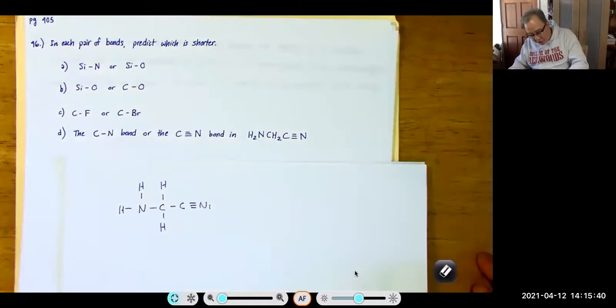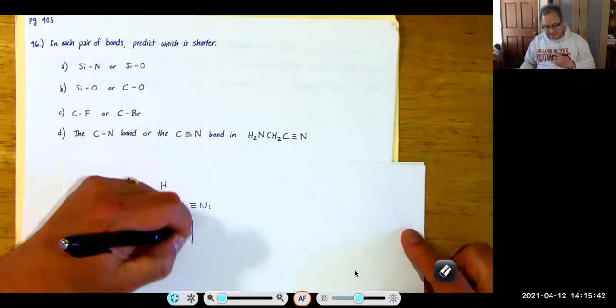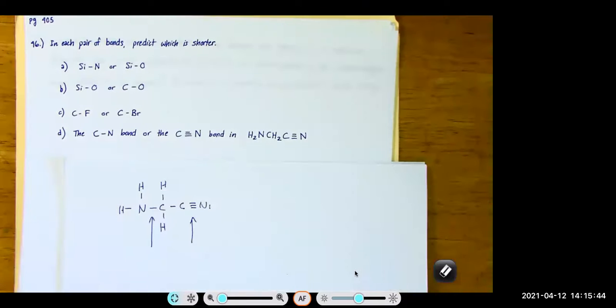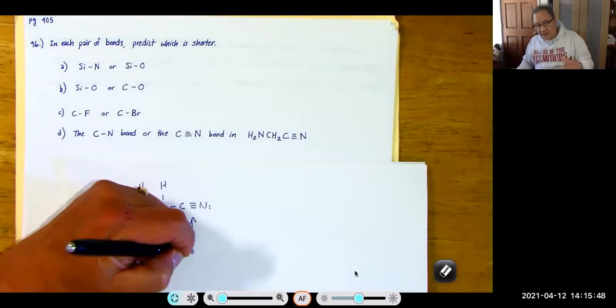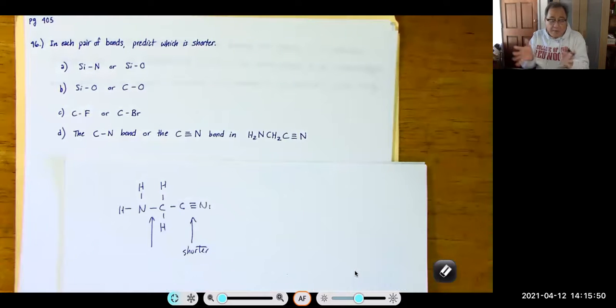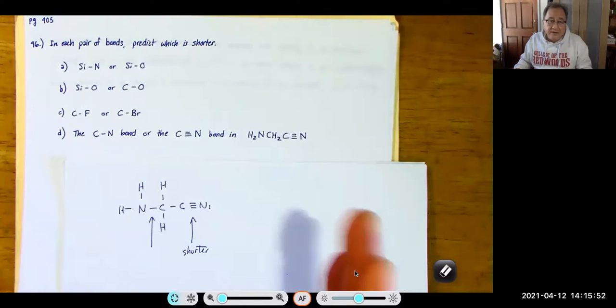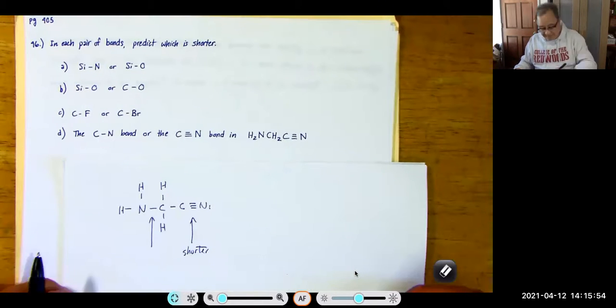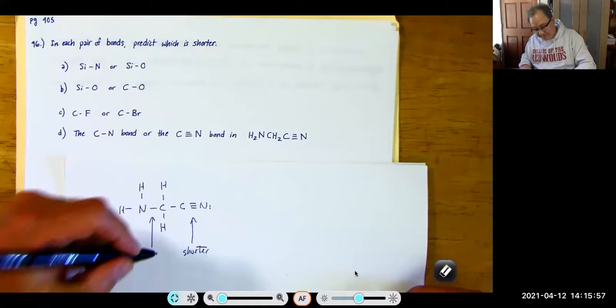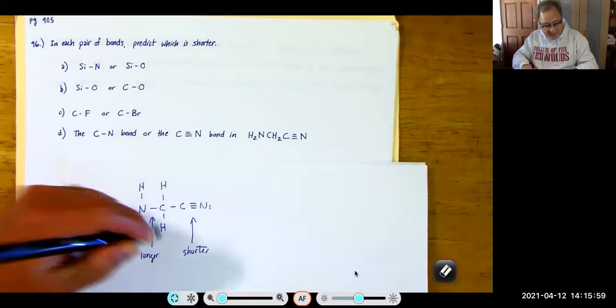So which one is shorter? The triple bond with the carbon and nitrogen. Right, because more electrons means more rubber bands pulling the atoms together. So it's going to be shorter. Right. Fair enough?